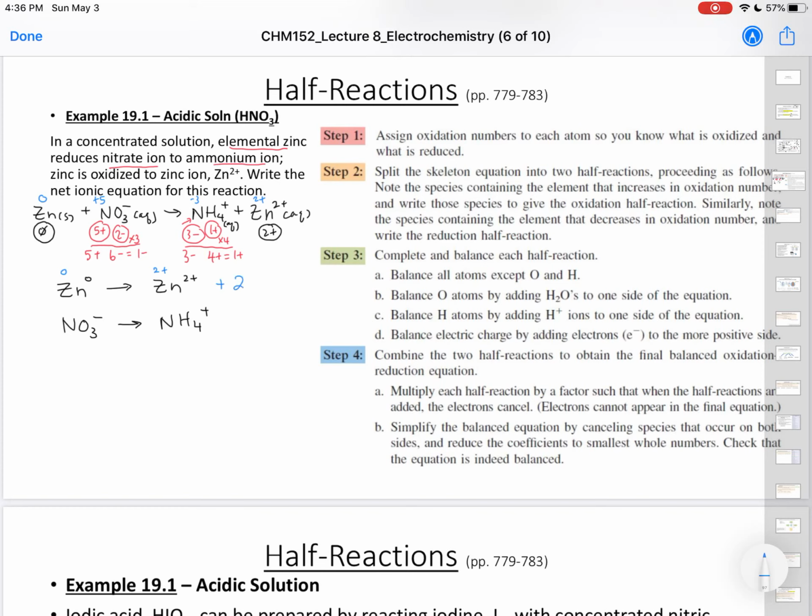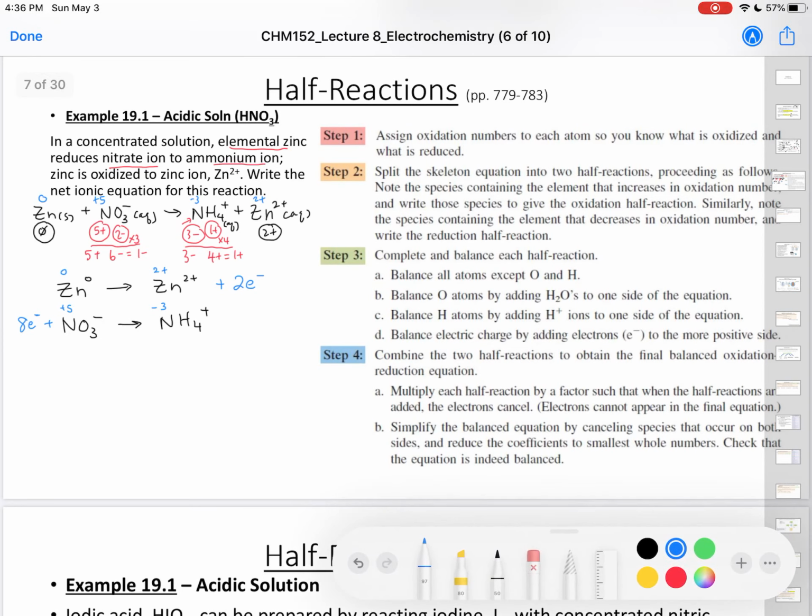The only way this is going to be true is if it is 2 minus here or 2 electrons. Nitrogen is plus 5. Nitrogen here is minus 3. The only way to make this true is to add 8 electrons, right? 8 minus plus 5 gives you 3 minus. Okay? Hopefully you're still with me.